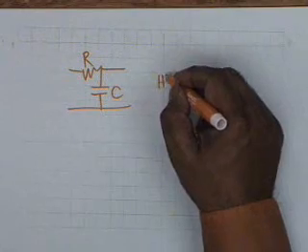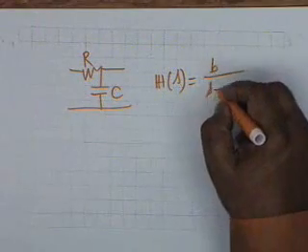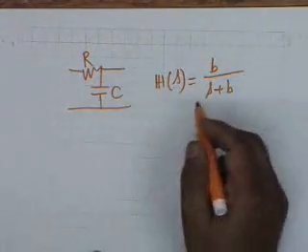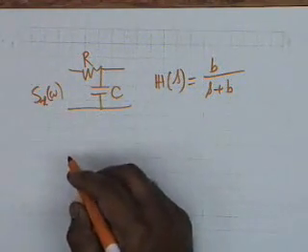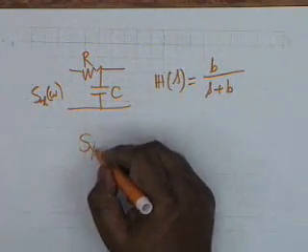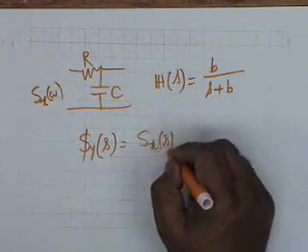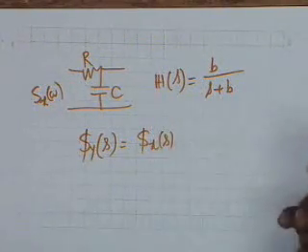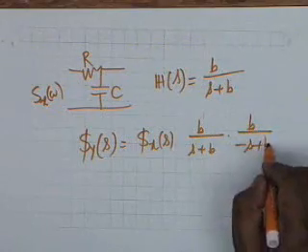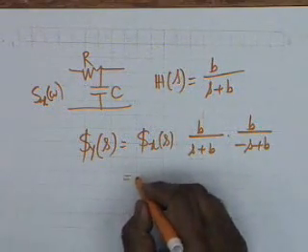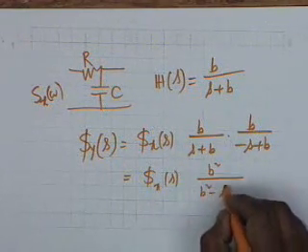You know that h of s is equal to b by s plus b, all right, and therefore if Sx of omega is given, then Sy of s shall be equal to Sx of s multiplied by h of s times h of minus s, which is b by s plus b multiplied by b by minus s plus b, all right. So, this is equal to Sx of s times b squared divided by b squared minus s squared.